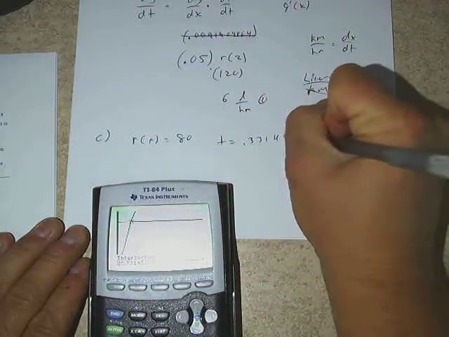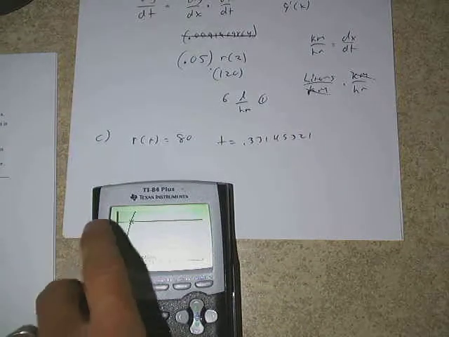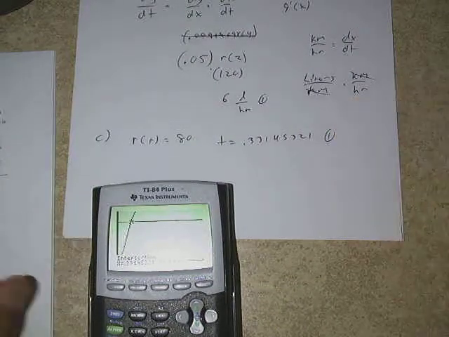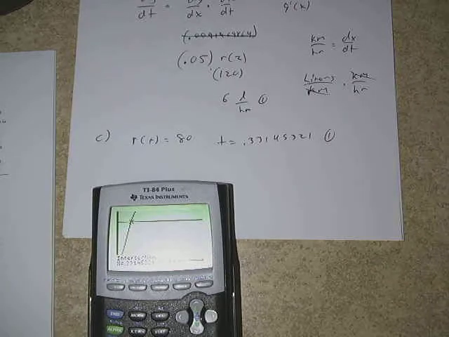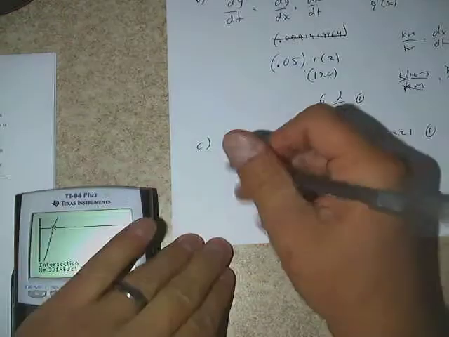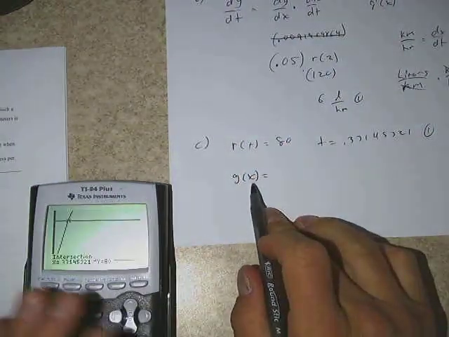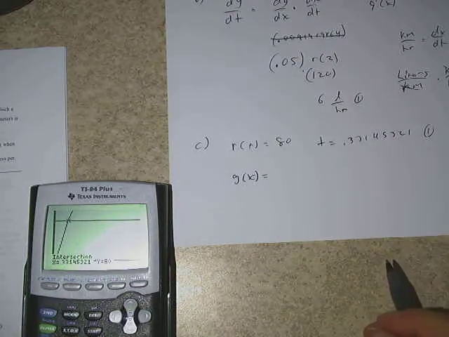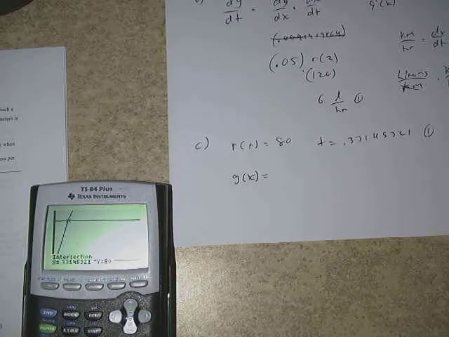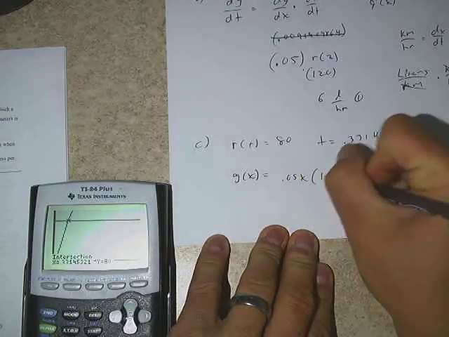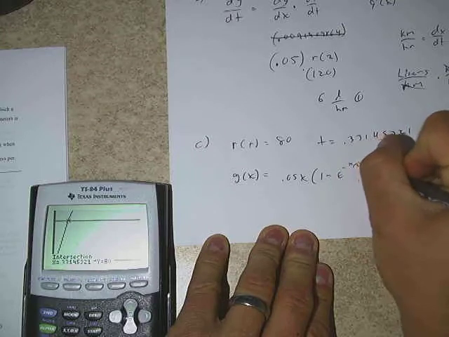There we go. So there's our R function and our 80. So if we do the intersection command, we get 0.33145321. So that would be the time in question.